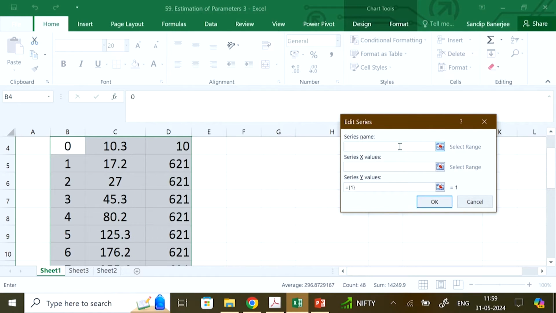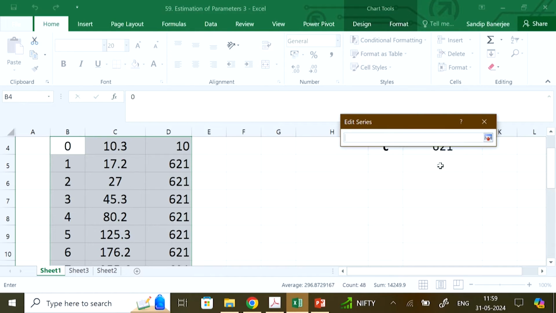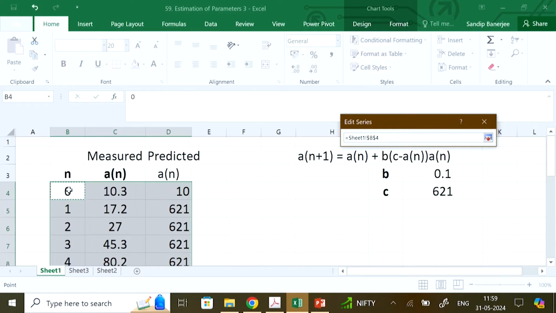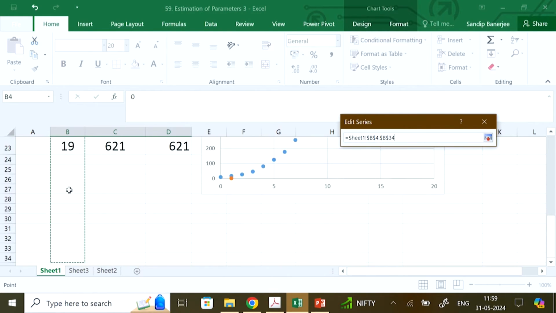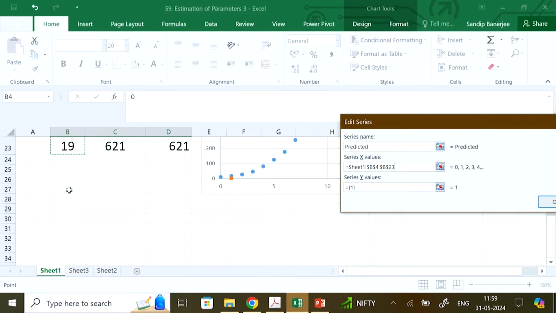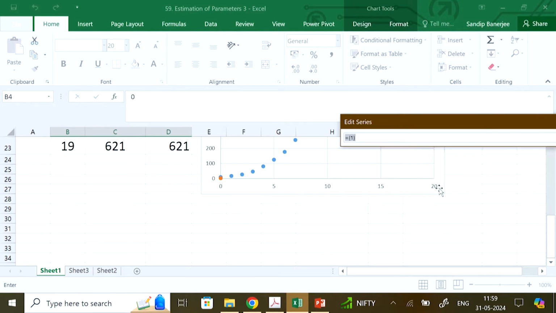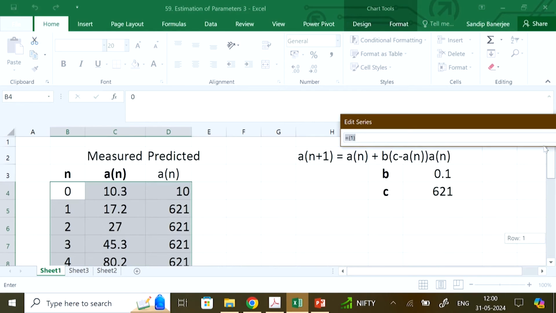This is the predicted. So, the values of n, enter, and the values of predicted.